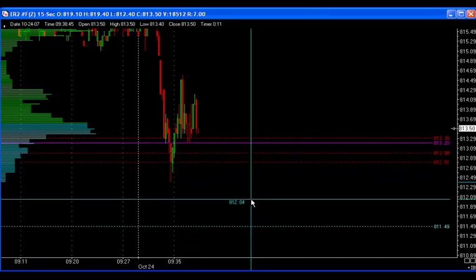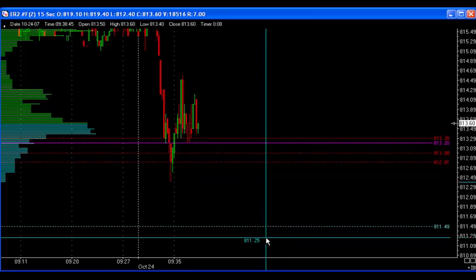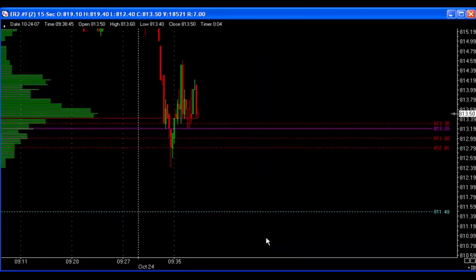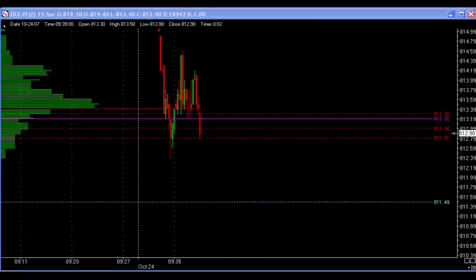My expectation is for price action to move down to the 811.49 area. And at 811.49, I'd expect a bounce. What is 811.49?